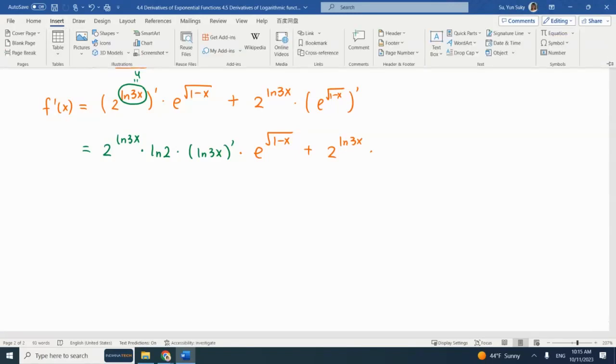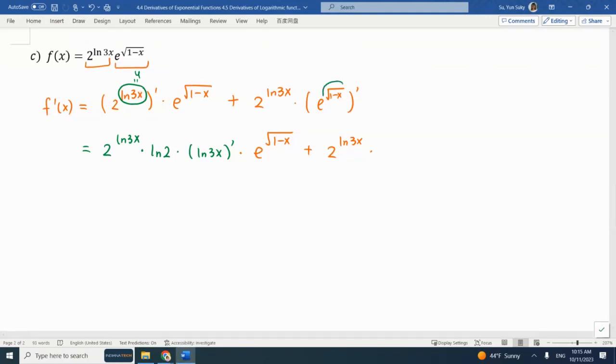And next, we have e to the u. What is the derivative of e to the u? Yes, it stays the same, e to the u, but then times the u prime.